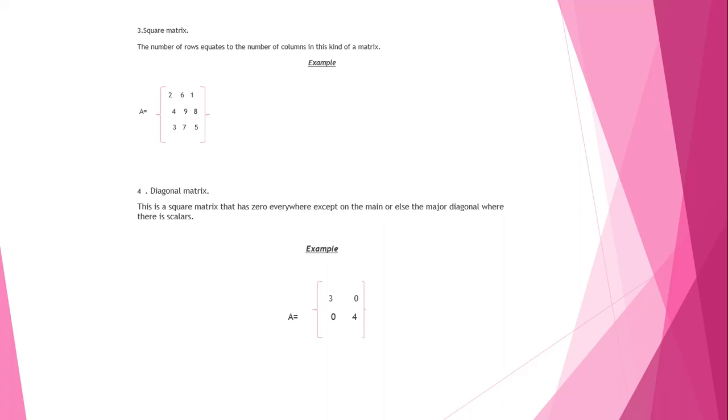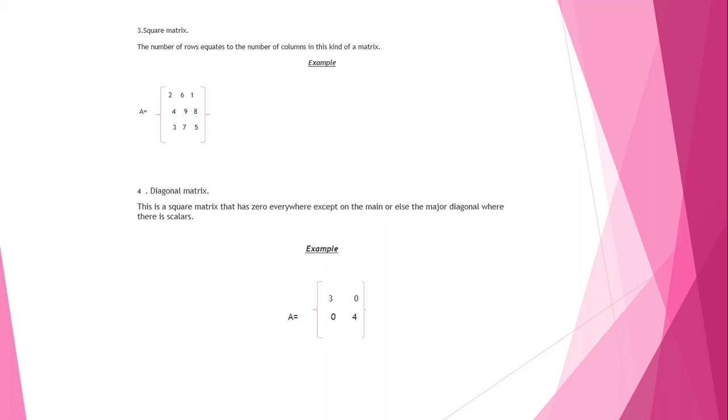The major diagonal can also be referred to as the leading diagonal. The minor diagonal is the one that runs from the upper right hand side to the lower left hand side, while the major diagonal runs from the upper left hand side to the lower right hand side.